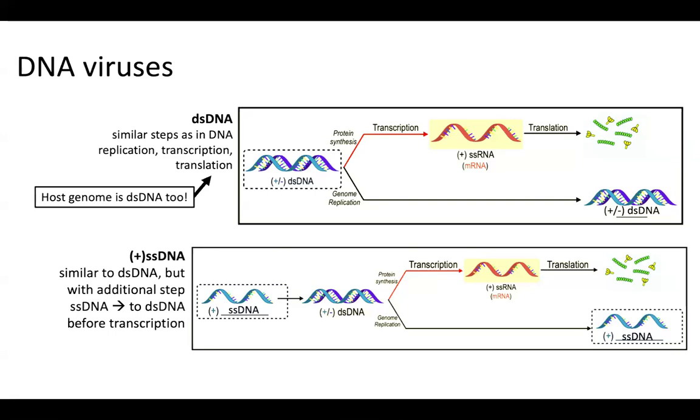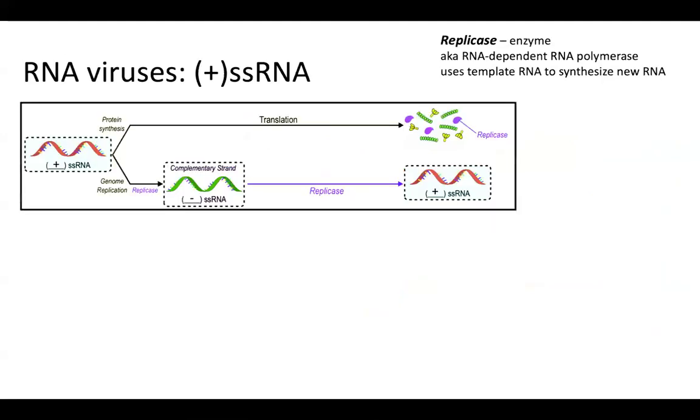And so for each of these different types, you can think about what type of genome the virus has, which steps the host cell can perform, and which the virus needs to have some special equipment to accomplish.